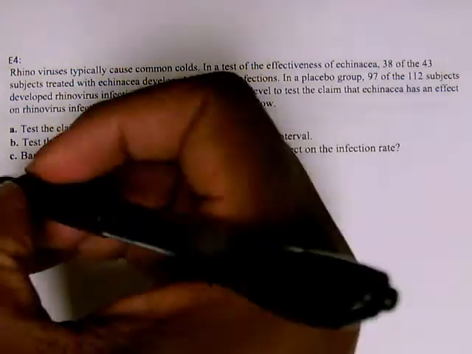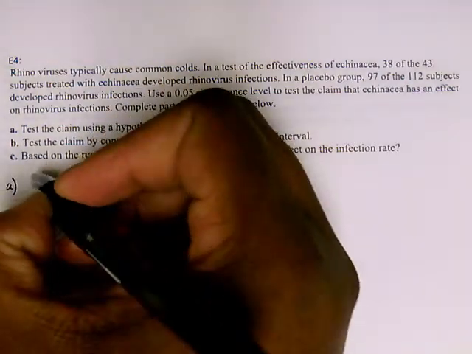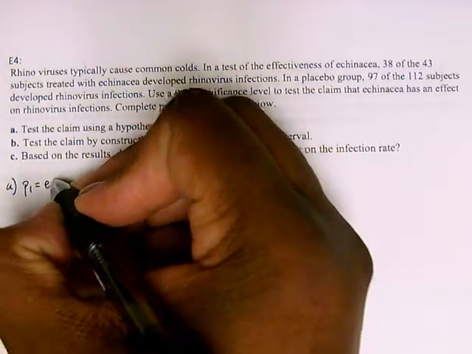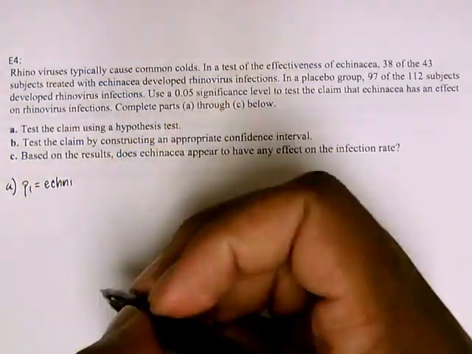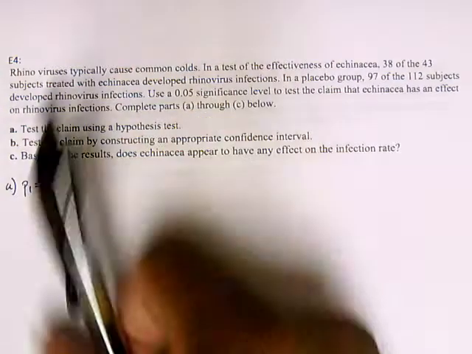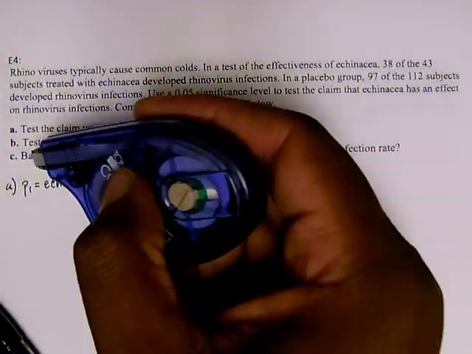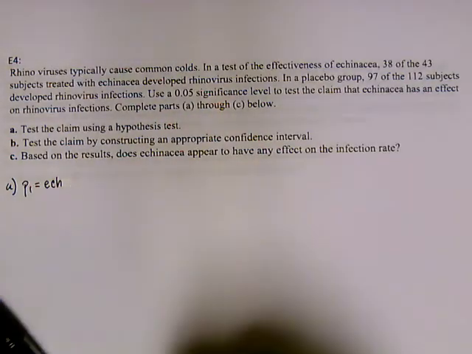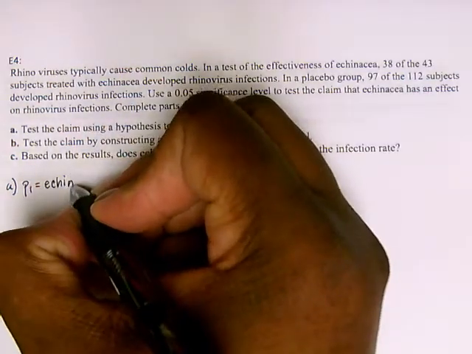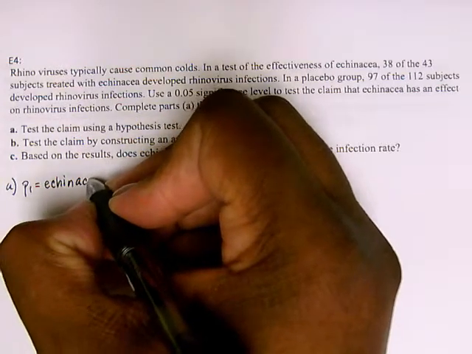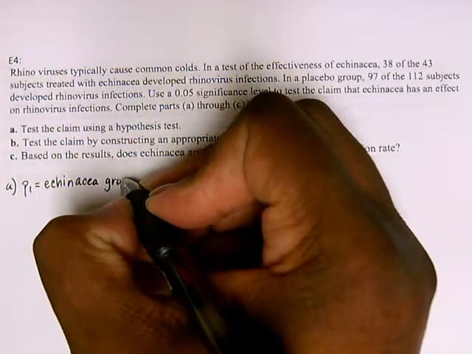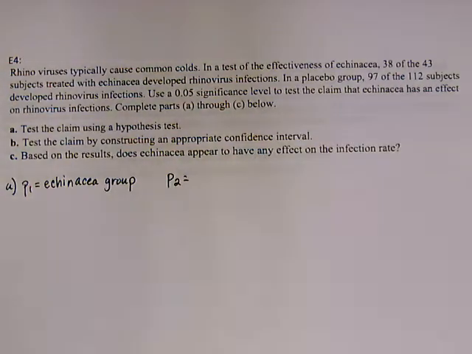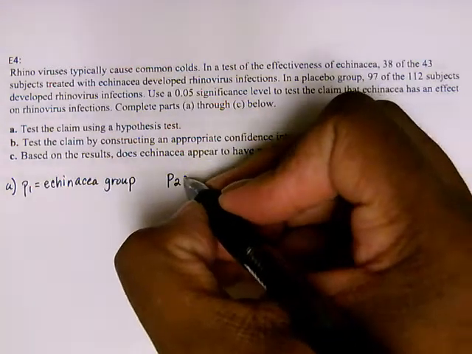Let's start with Part A. So here, P1 is going to be the Echinacea group, and P2 represents the group that got the placebo.